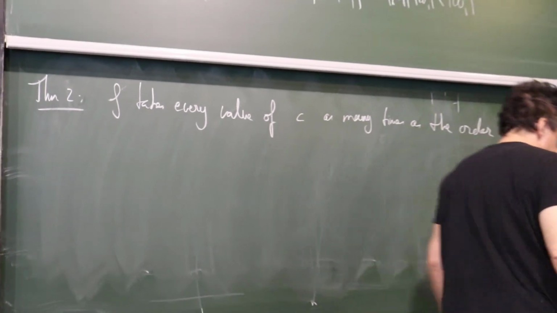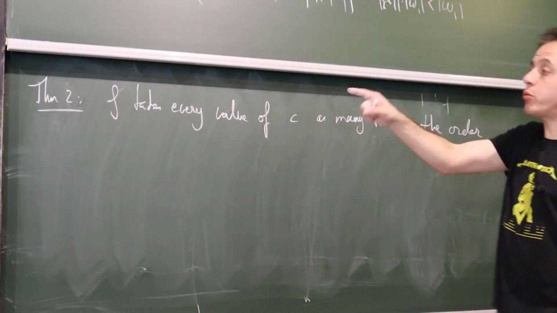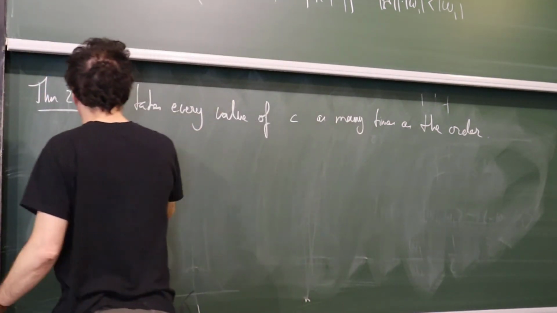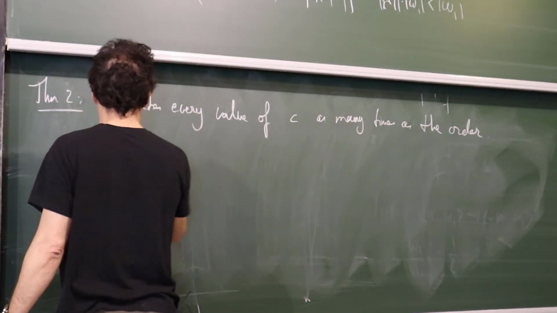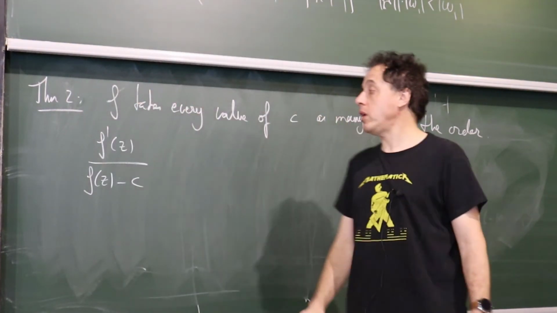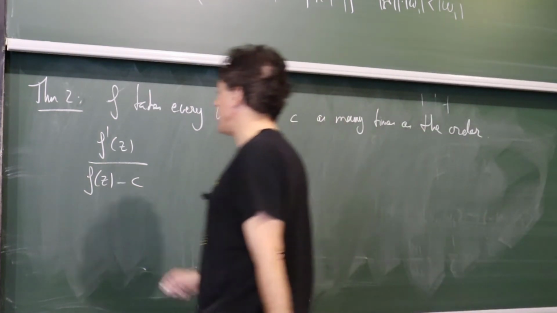Okay? And for that, it's enough to apply the previous result about the sum of the residues to the following function. Take some value c, and consider the function f prime of z over f of z minus c.